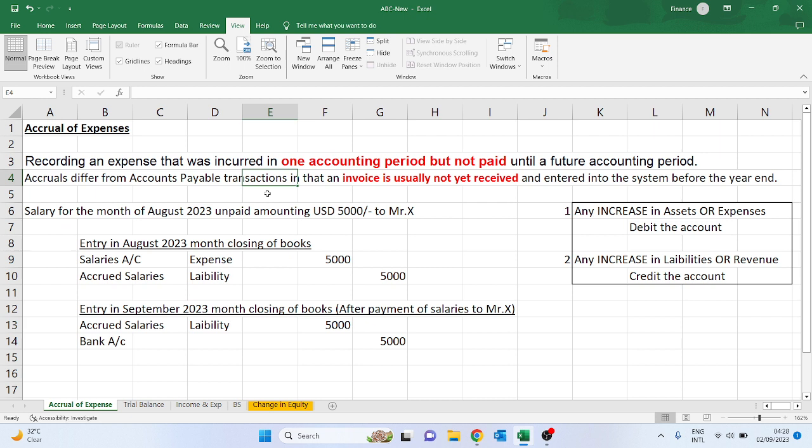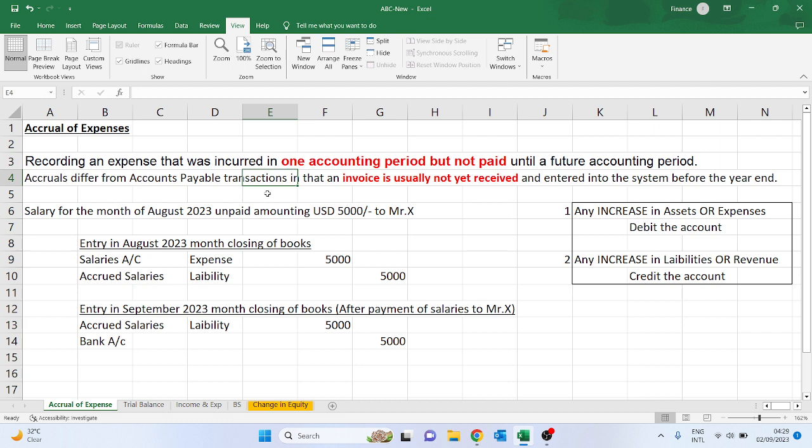So we need to accrue that salary on 31st of August. That means before payment we need to show that in the books. That is what is called accrual. So this salary is already due on 31st of August but not paid. That is due but not paid.